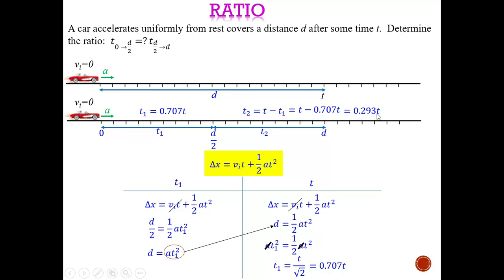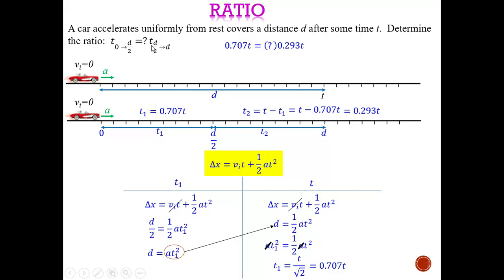So from here, we can go ahead and plug it back into our expression. What is the time for the first half of the distance here, right? So from 0 to d over 2, which is t1, t1 is 0.707 t. That's what I did there. There's the question mark, I just carried that over. Well, how about the time that it takes to cover the second half of the distance, right?